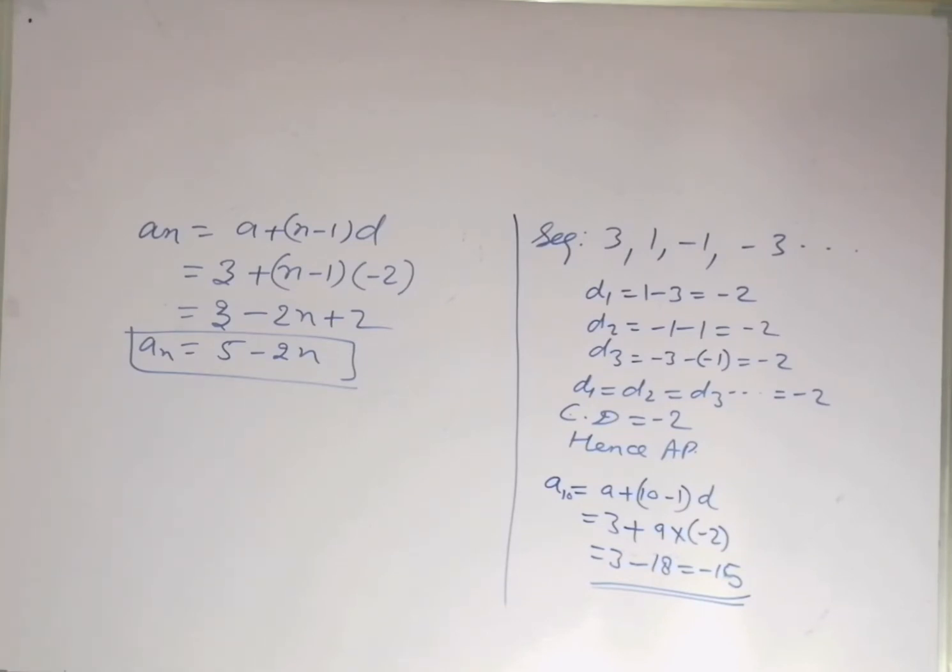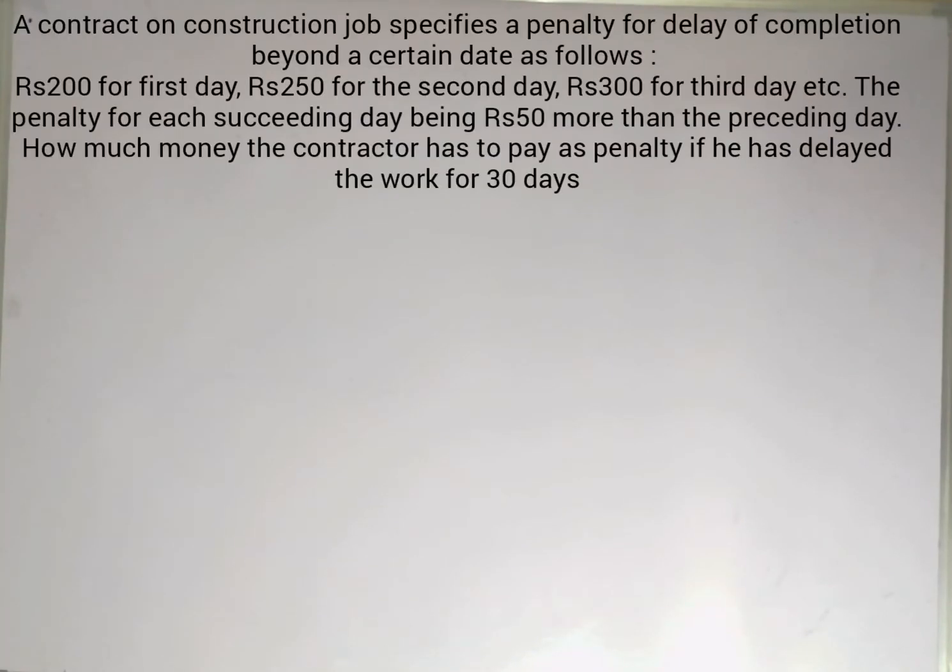Now we'll go to see some practical questions over here. The next question is, a contract on a construction job specifies a penalty for the delay of completion beyond a certain date as follows: rupees 200 for the first day delay, rupees 250 for second day delay, 300 for the third day, as the penalty for each succeeding day being rupees 50 more than for the preceding day.